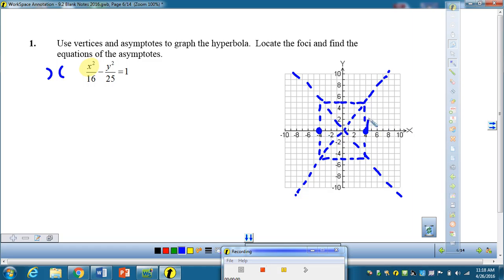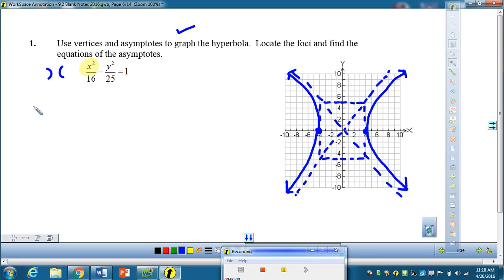Then we draw our curves kind of inside of those asymptote lines, to look something like this. All right, so we have done the first part, graphed our hyperbola.